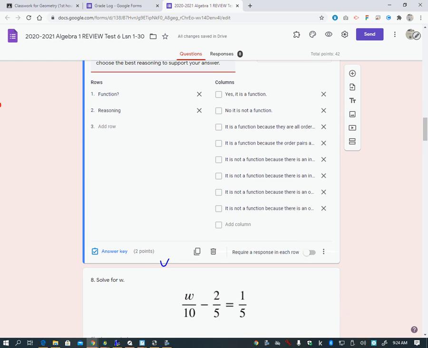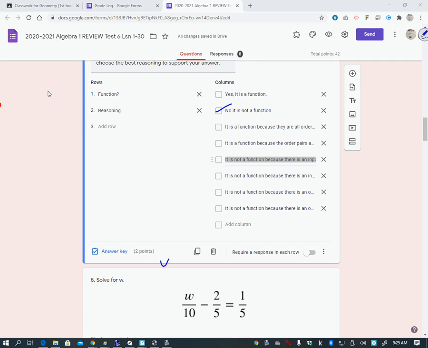It's a function because... No, it's not a function because there is... And I can't read the rest of them, but you guys can, right? No, it's not a function.